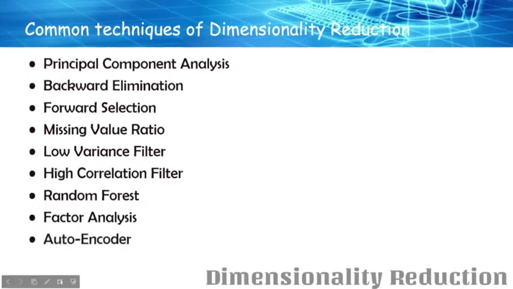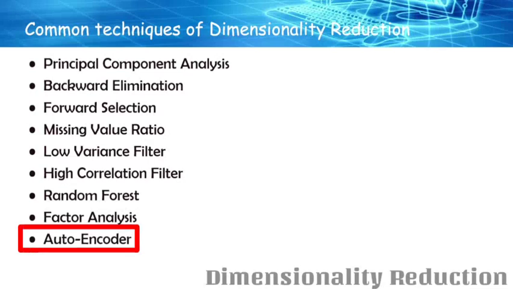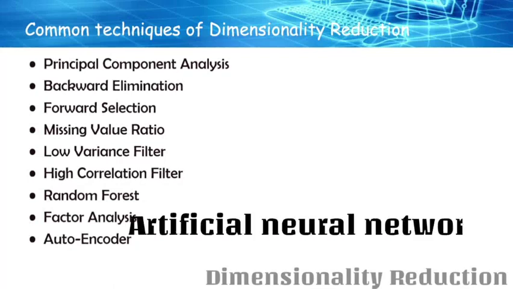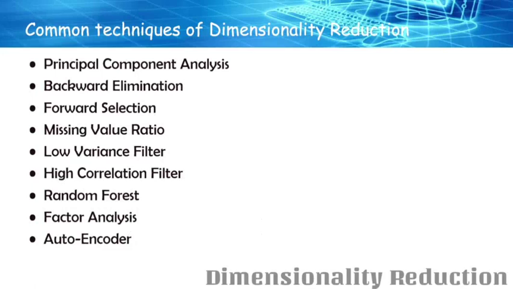And finally, we have autoencoders. Autoencoders are one of the popular dimensionality reduction methods. It is a type of artificial neural network that aims to copy the inputs to the outputs. The input is compressed into a latent space representation, and the output is reconstructed using this representation.